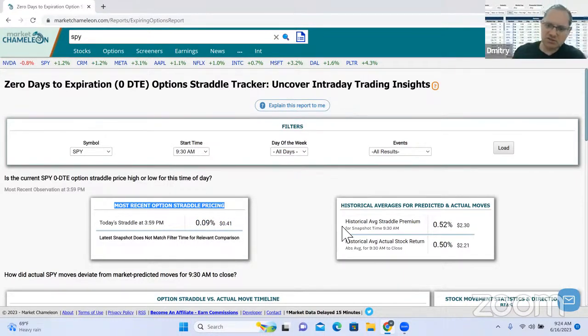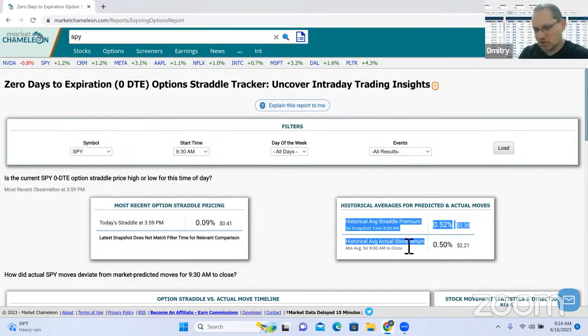Then the next analysis it's going to show you is at 10 a.m., same thing. We're going to look at the straddle, and let's say it's 1%. Then we're going to compare it to a different benchmark.